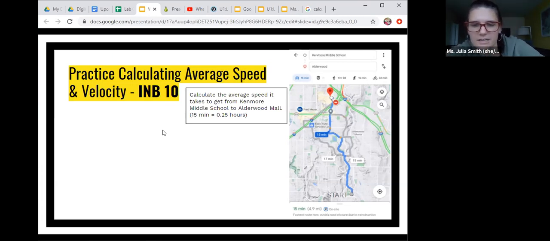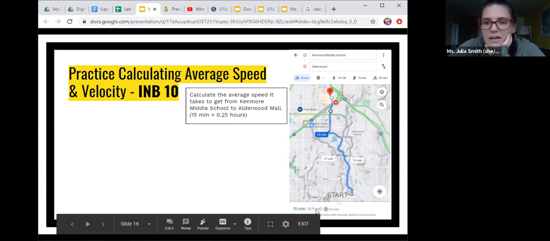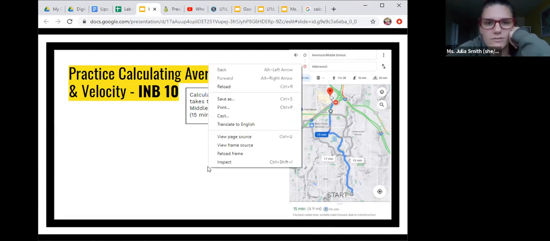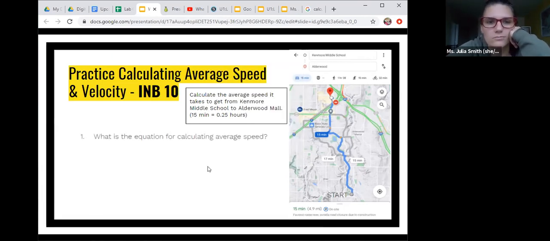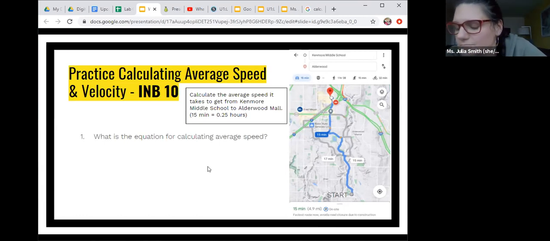I have a screenshot here of our Google Maps directions from Kenmore to Alderwood Mall. You'll notice down here at the bottom, we have our distance, our time, and then we can see the direction on the map there. In order to calculate average speed, we need to know what is the equation for calculating average speed.